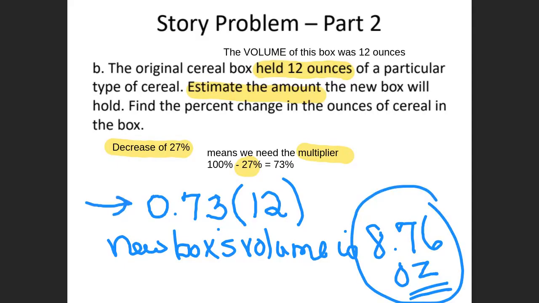You needed the percent of change, and you had to recognize it was a decrease. The decrease got me here. Now, are there any questions with this?